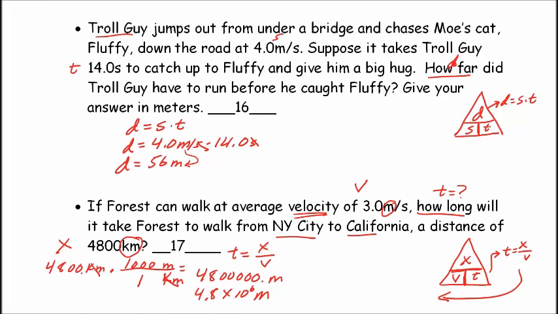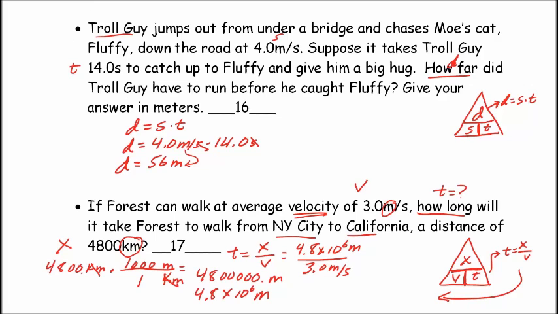We have T equals displacement over velocity, and that then becomes the displacement, which is 4.8 times 10 to the 6th meters over the velocity, and the velocity is 3.0 meters per second.